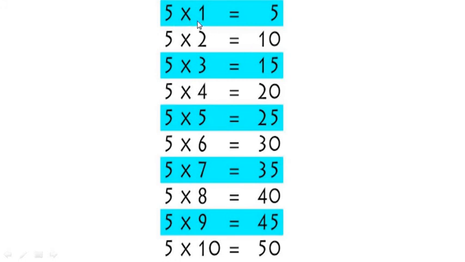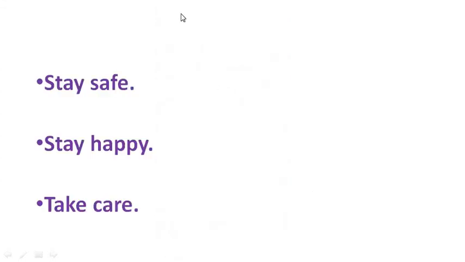Again. 5 ones are 5. 5 twos are 10. 5 threes are 15. 5 fours are 20. 5 fives are 25. 5 sixes are 30. 5 sevens are 35. 5 eights are 40. 5 nines are 45. 5 tens are 50.